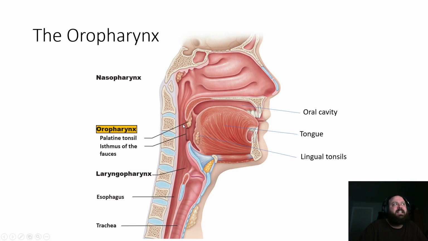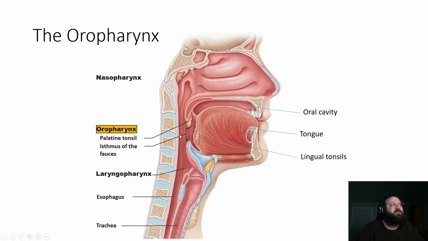So now we're not dealing with strictly an air passageway. We're dealing with a passageway that has both air and physical materials in it as well. Because food is now present, or it can be present in this region, the pseudostratified ciliated columnar epithelium of the nasopharynx in the oropharynx then transitions into a stratified squamous epithelium.